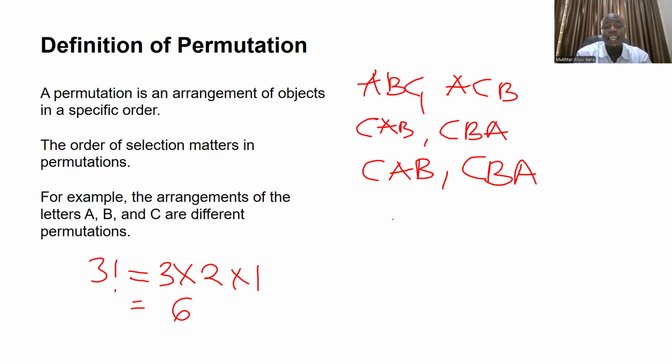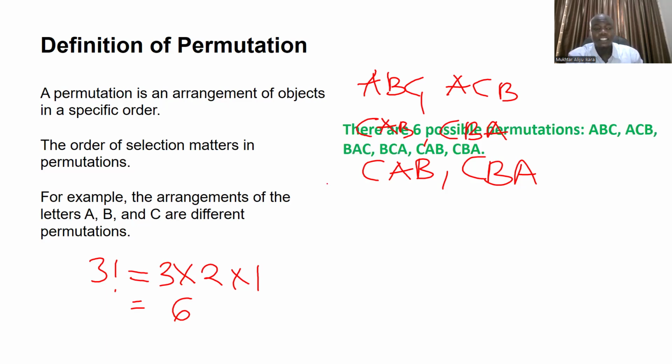So if you are given a particular set of objects, the first thing to do is to calculate the possible number of arrangements. From there, you can arrange them if you are asked to. Here we have the following letters and we want to see how we can arrange them. We can arrange them in 6 possible ways.